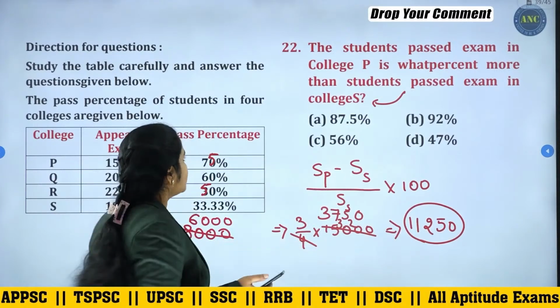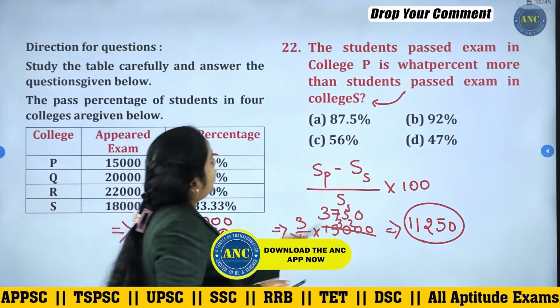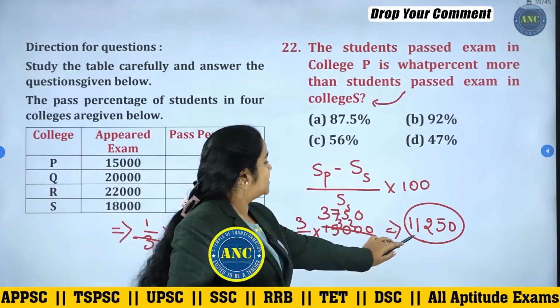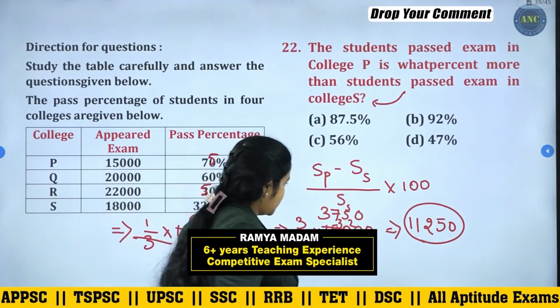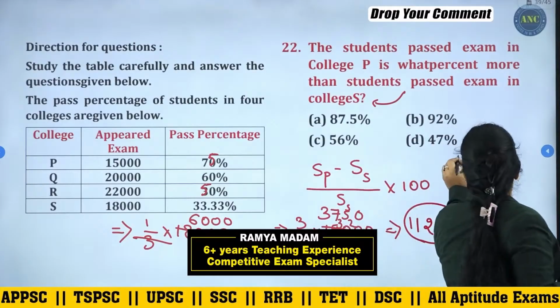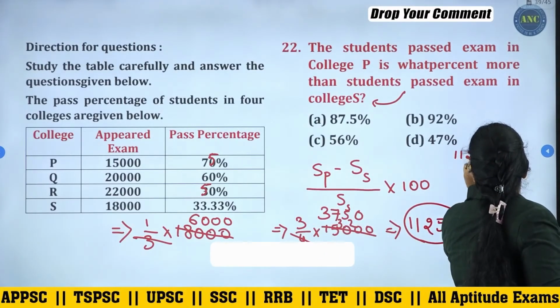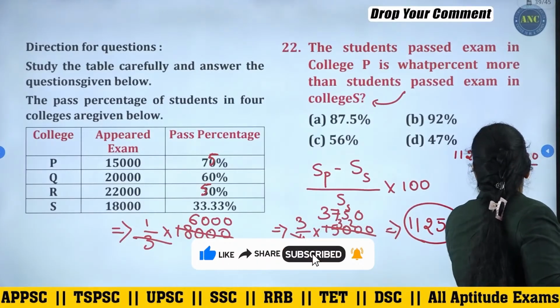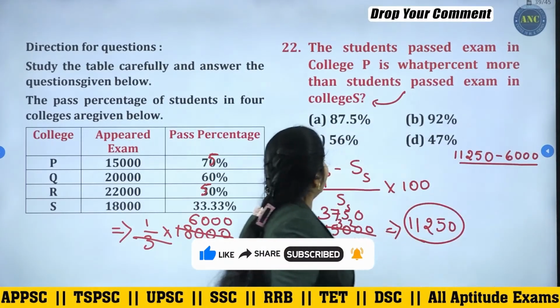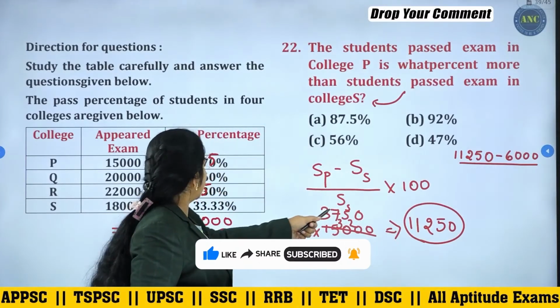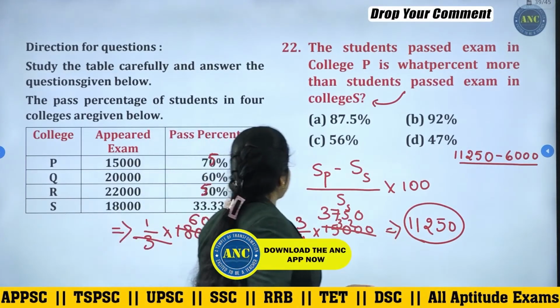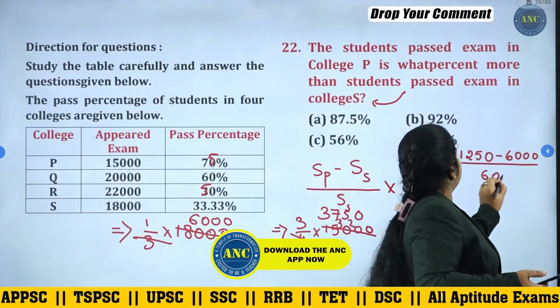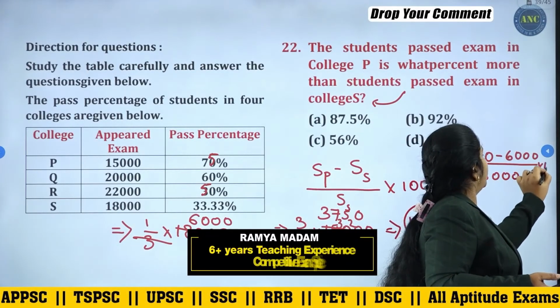Right? So, now what they are saying, we have to take the difference. So, 11,250 minus 6,000. I will write this down here. 11,250 minus 6,000 divided by what they are asking, students of S. Students of S is 6,000 into 100.